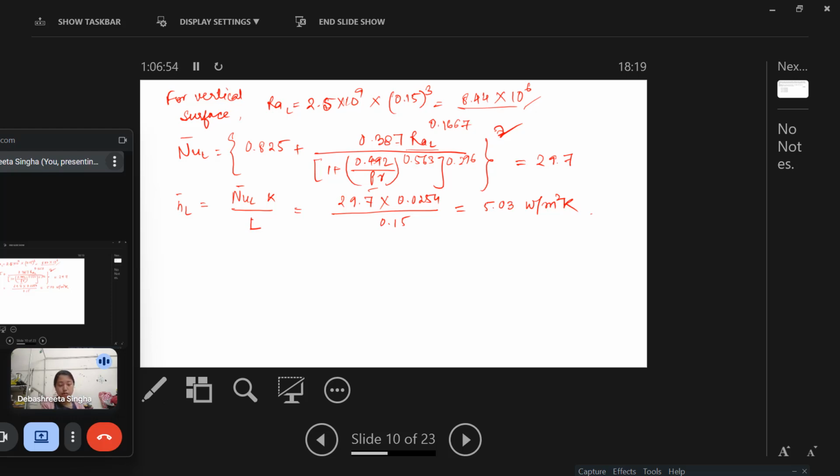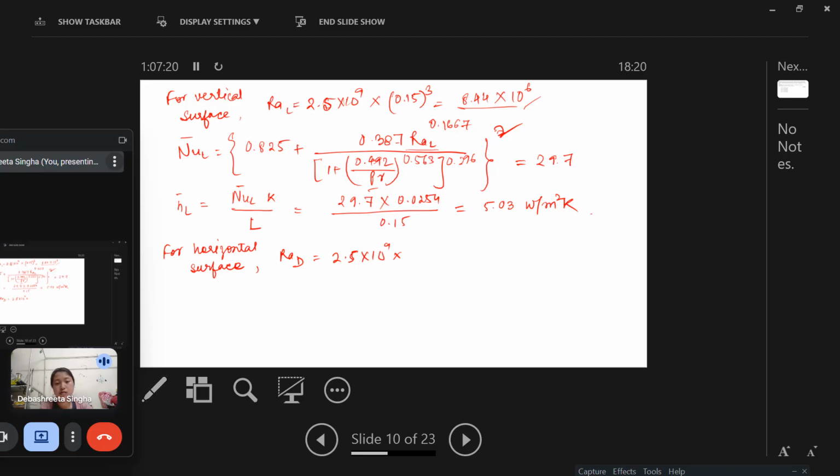Now the same thing we calculate for the horizontal surface. RaD here. So the x will be the diameter here.